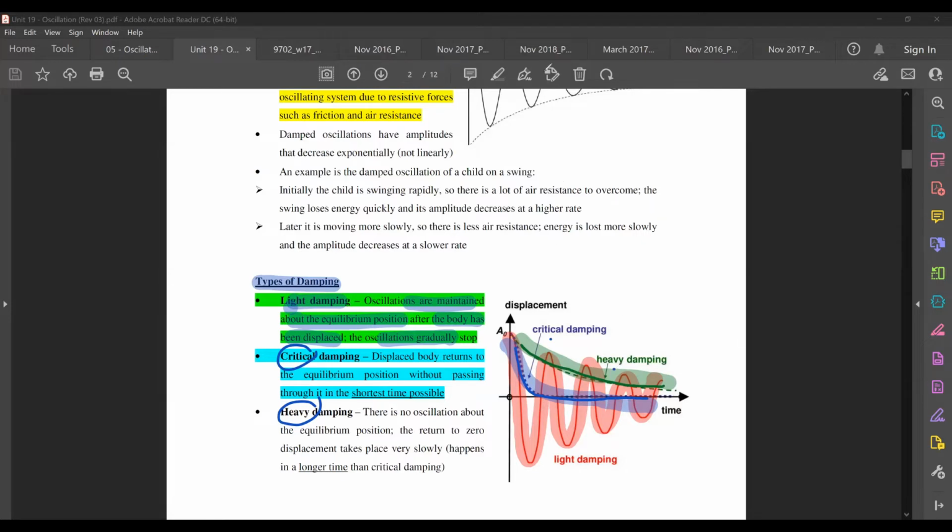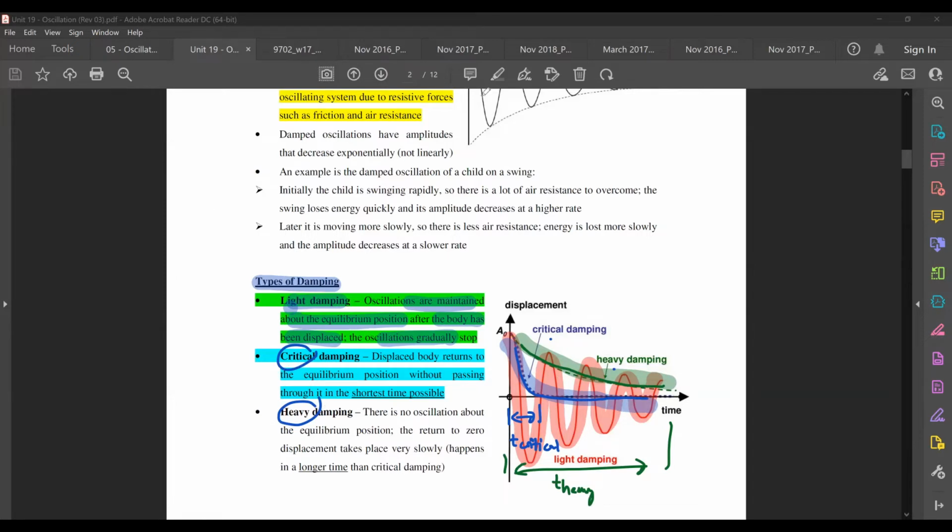Now, that's the similarity between critical and heavy, but there's a difference between those two. Critical damping usually returns to the equilibrium in the shortest time possible. You see, this is the time for critical damping to return to equilibrium, but for heavy damping, this is the time that it took to return to the equilibrium. So this is the main difference between critical and heavy damping.